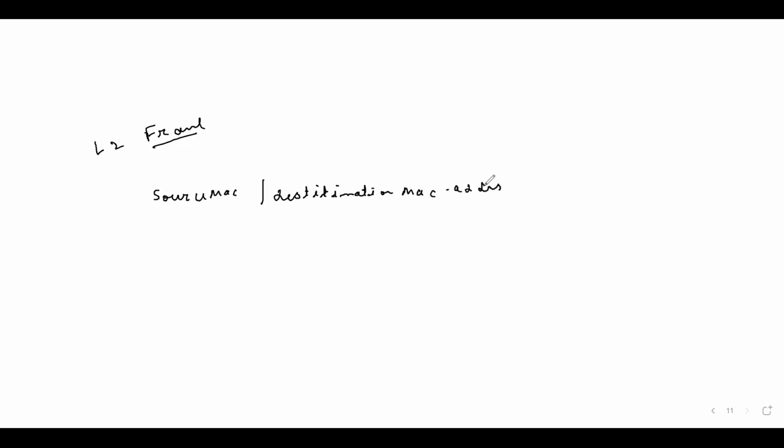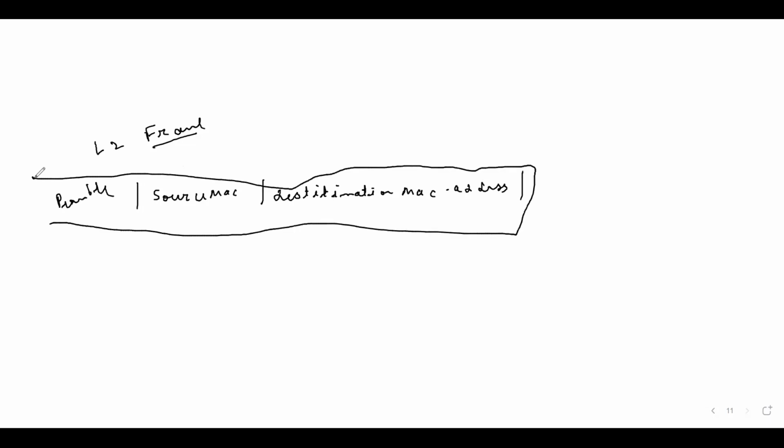There is one more thing, the preamble, but we will ignore that. This is a kind of frame which works on layer 2: what is your source MAC address, and what is your destination MAC address?